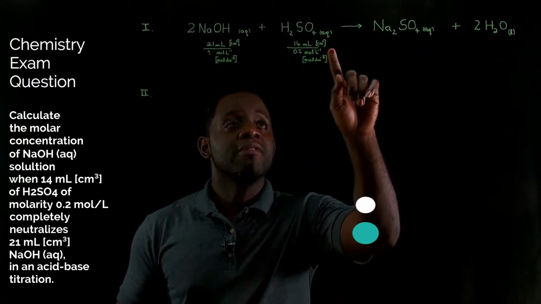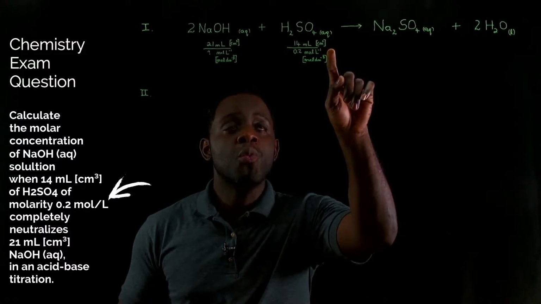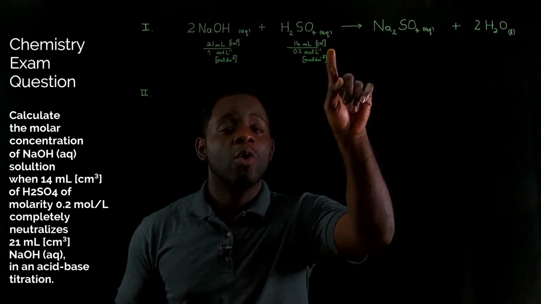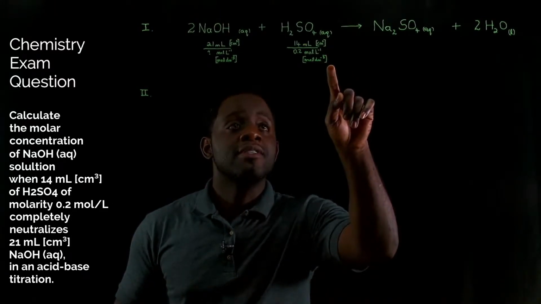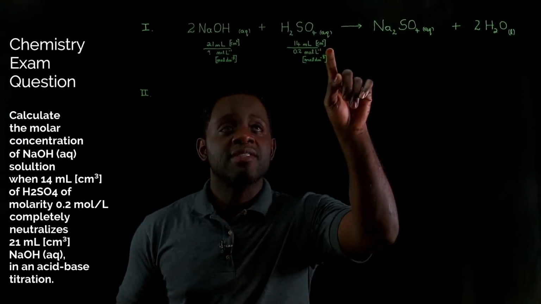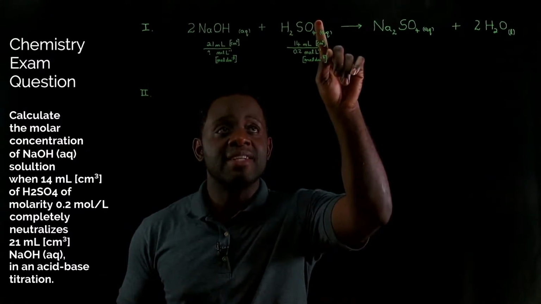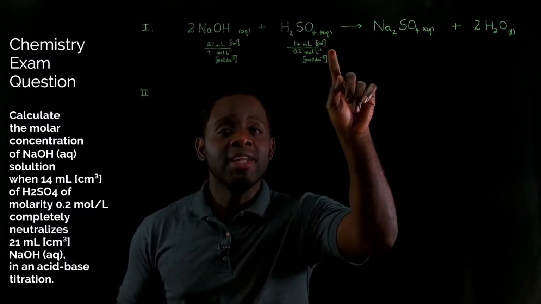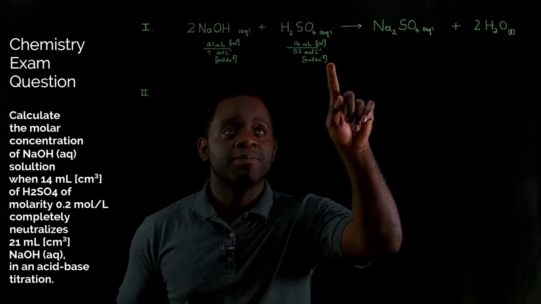Here we are given the concentration in the question, 0.2 moles per liter, or if you prefer from your region, 0.2 moles per dm cube. And this tells us that there are 0.2 moles of sulfuric acid in 1 liter or 1 dm cube of solution.